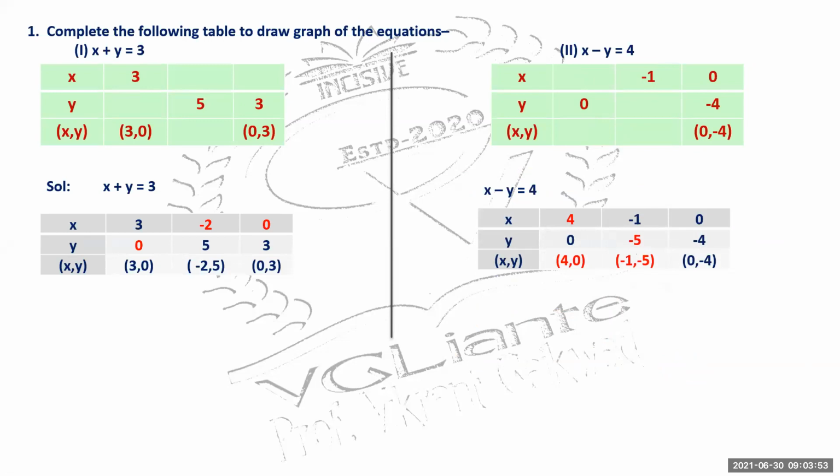But in this question, they have just asked you to complete the table. They have not told you to draw the graph. So you are just going to write the values which are going to come in the table, not the other values. You have to just complete the table in this first question. Understood? You all can remove the screenshot of this. We'll move ahead to the next question.